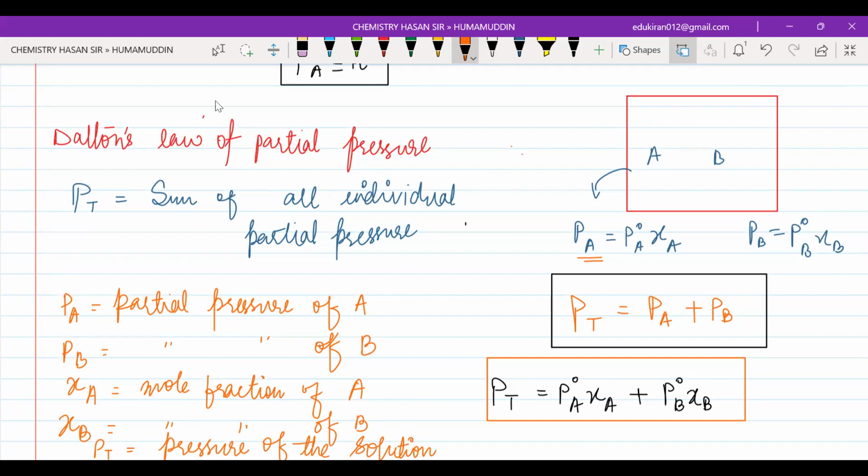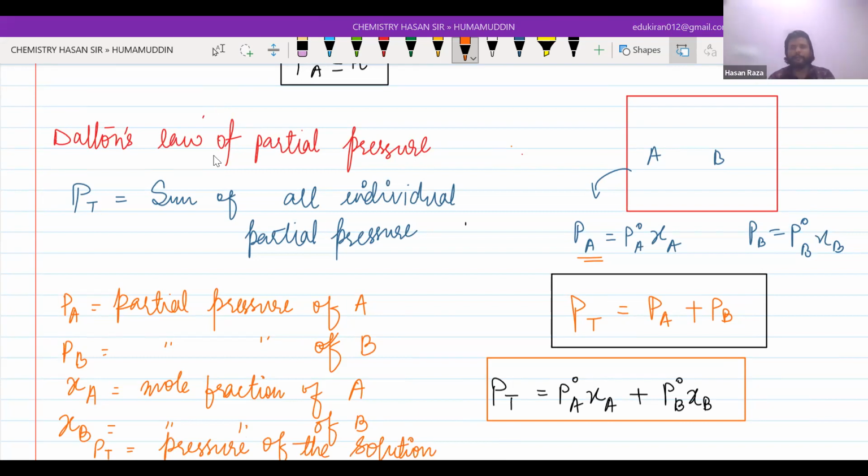Please do write it. Then we are going to have a numerical on this, which is very easy. You know how to calculate mole fraction, then you can easily do this.